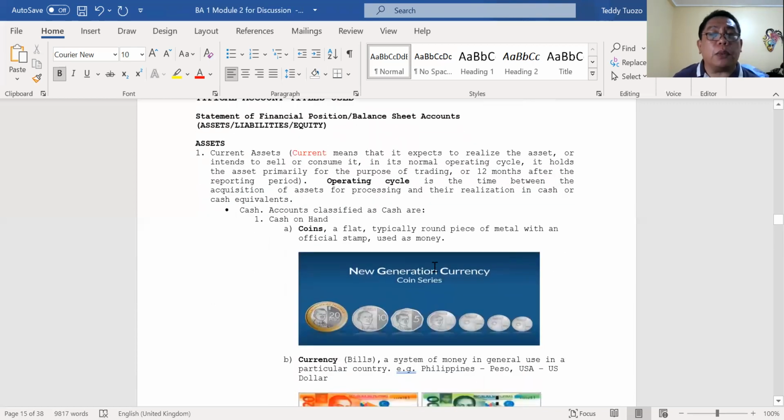So let's start with assets. Assets are classified. There are sub-classifications of assets. They are current assets and non-current assets. So two kinds of assets: current assets and non-current assets. Okay.